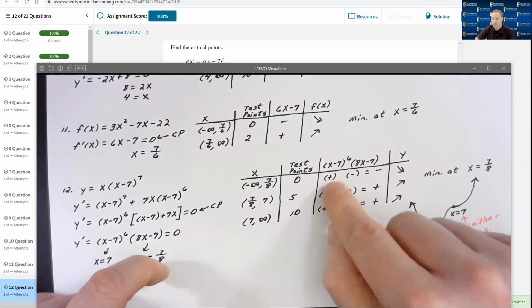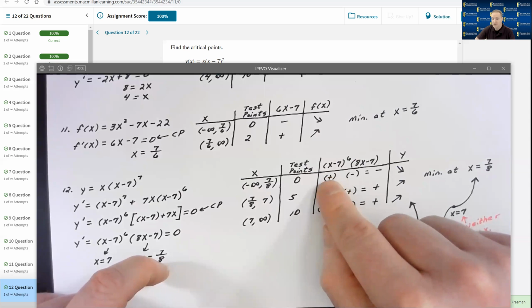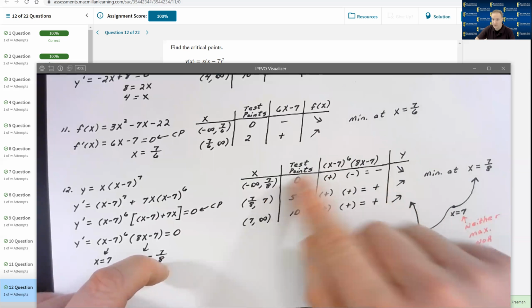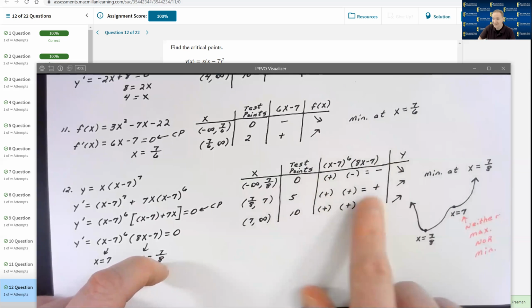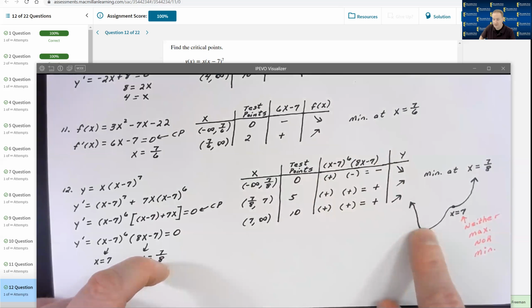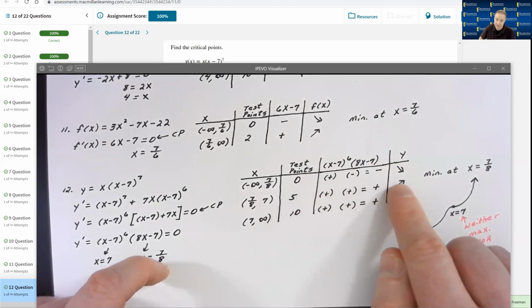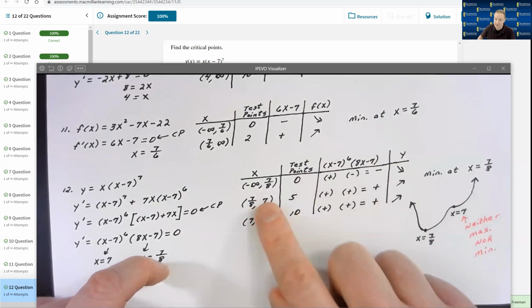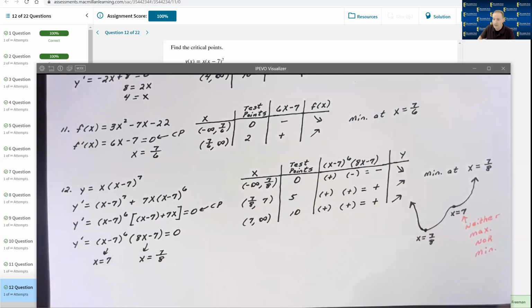So then I can see this curve starts off with a negative derivative up until it gets to 7 over 8, which means that curve is continually decreasing until it gets to 7 over 8. But then it's increasing from 7 over 8 to 7. Now, I wanted to draw this out because sometimes students think, well, if it's increasing before 7 and it's increasing after 7, why can't I just say it's increasing from 7 over 8 to infinity? Because it's not.